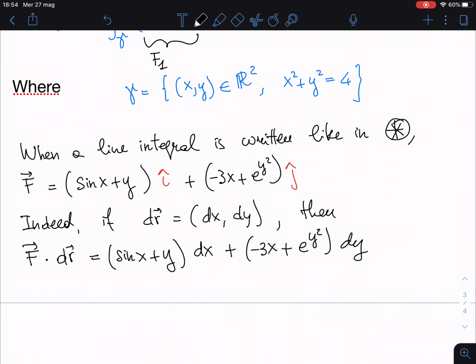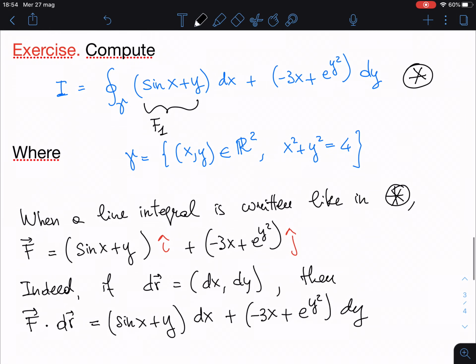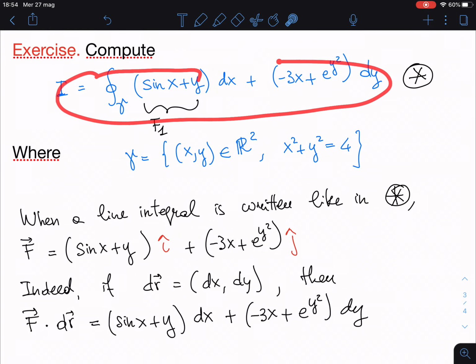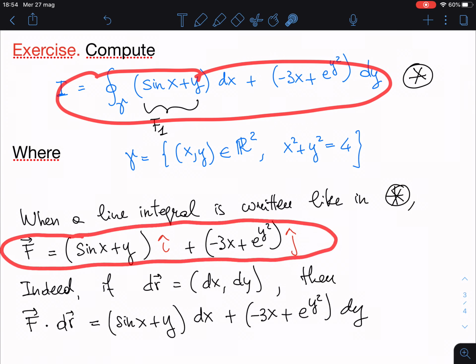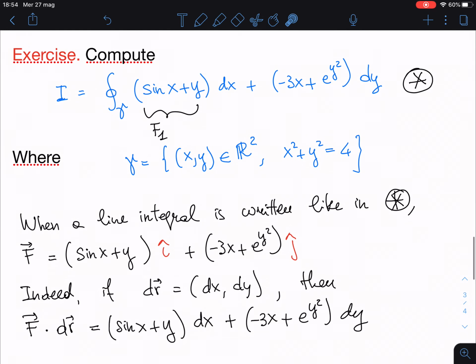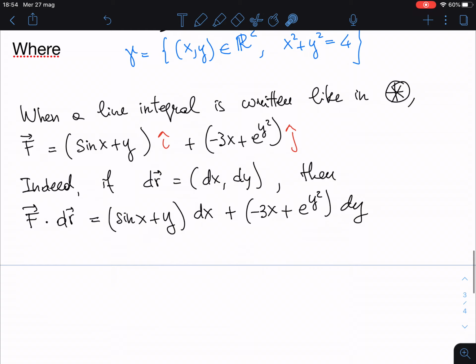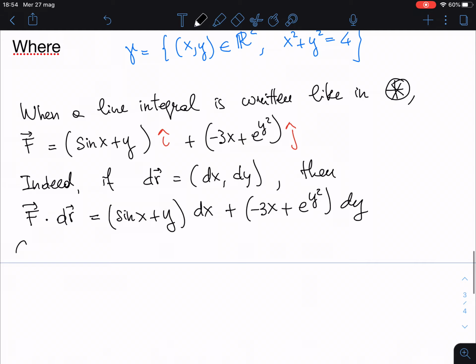But in our language, with this writing, we are saying that we are integrating this field on gamma. What is important now is gamma. And then we have to choose a parametrization of gamma.